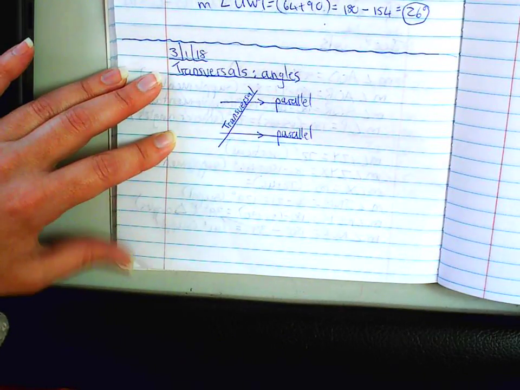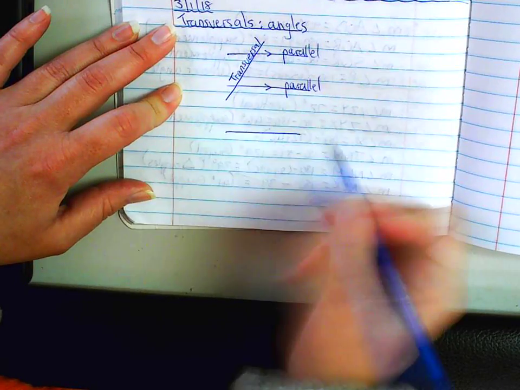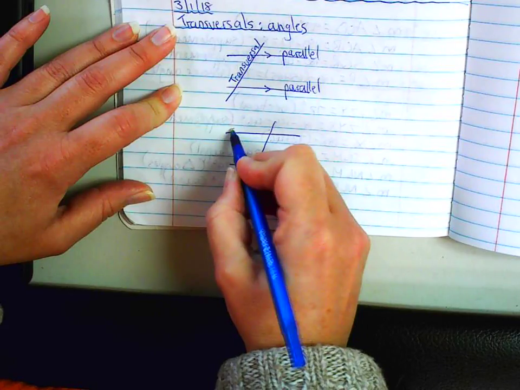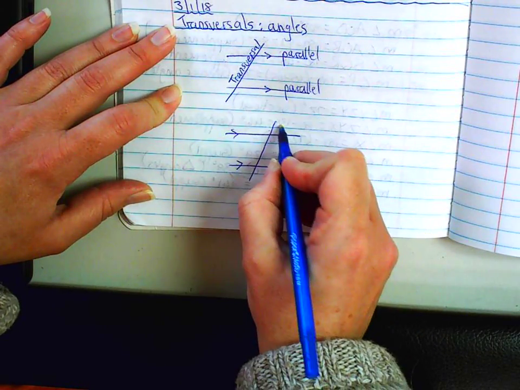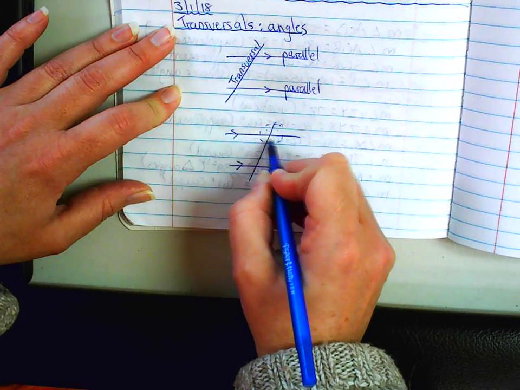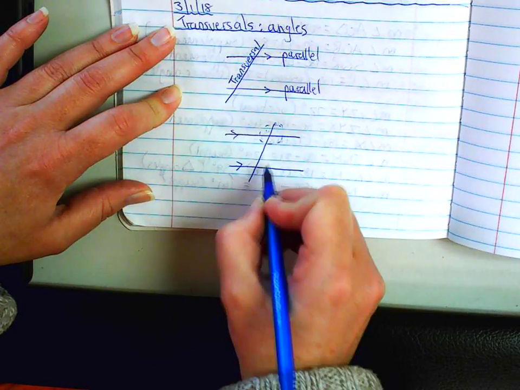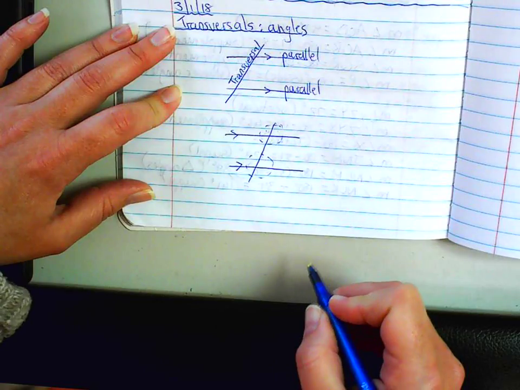Now, why is that so important? Because if I have a set of parallel lines and I have a transversal, something amazing happens. This area where you see the four corners matches perfectly with this area where you see the four corners.